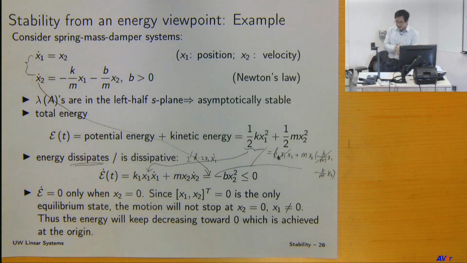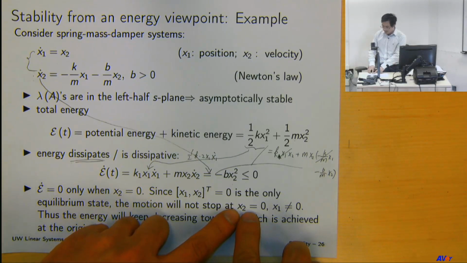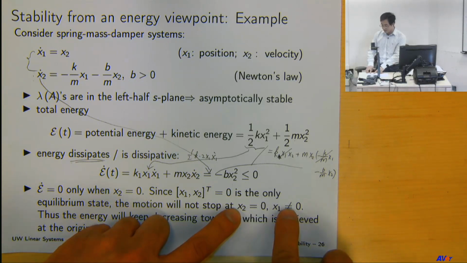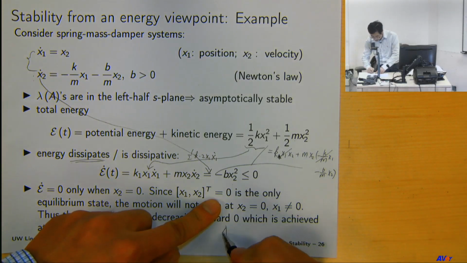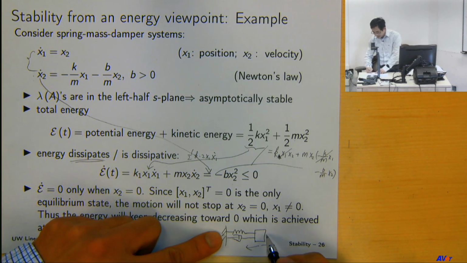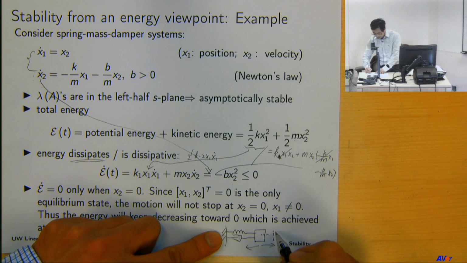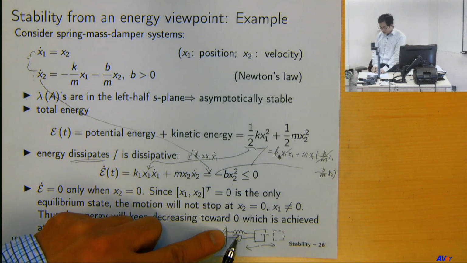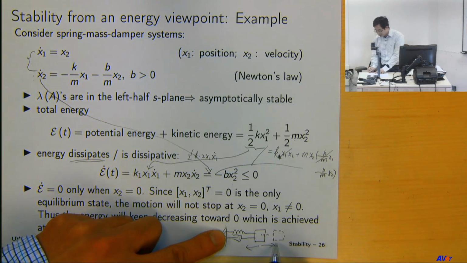All right, if you think about the physics of a moving mass, the velocity is 0 and the position is not 0. So it's like you have a spring and a damper. It moves left and right. Then maybe at the furthest point, let's say here, it's going to make a turn.